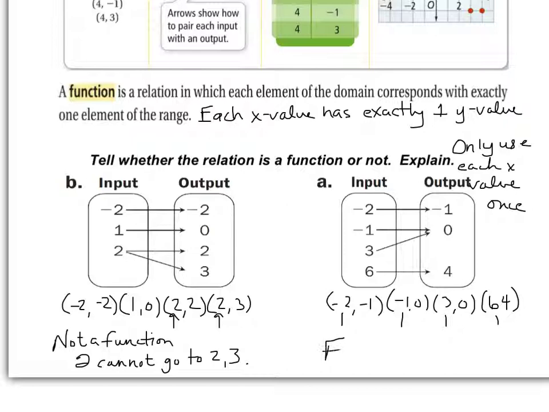So this is a function. It's a function because each X goes with exactly one Y value. Okay, so you're going to have to be able to identify, is the relation a function?